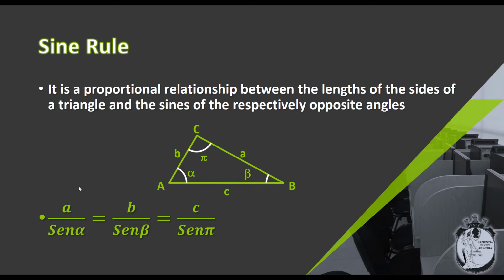You can only apply that rule when you have the measurement of a side and the measurement of the opposite angle. Only in that case you can use sine rule.